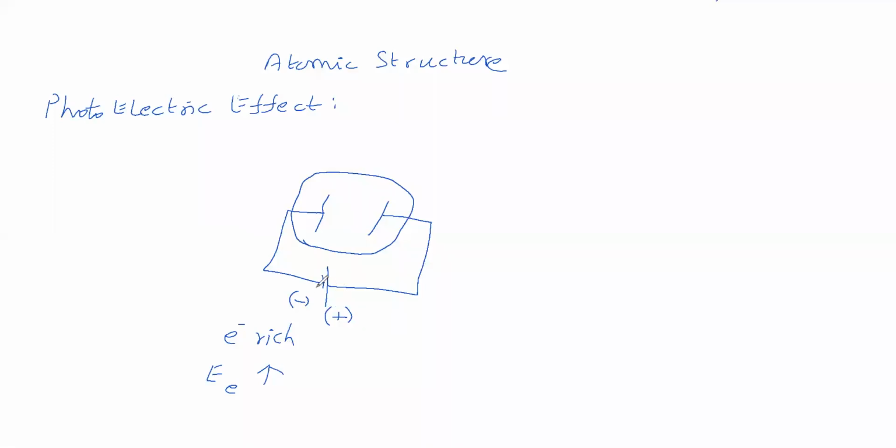This small line is called the negative plate of the battery. In this plate the number of electrons is high, therefore we say it is an electron rich center, and the energy of the electron will be high.